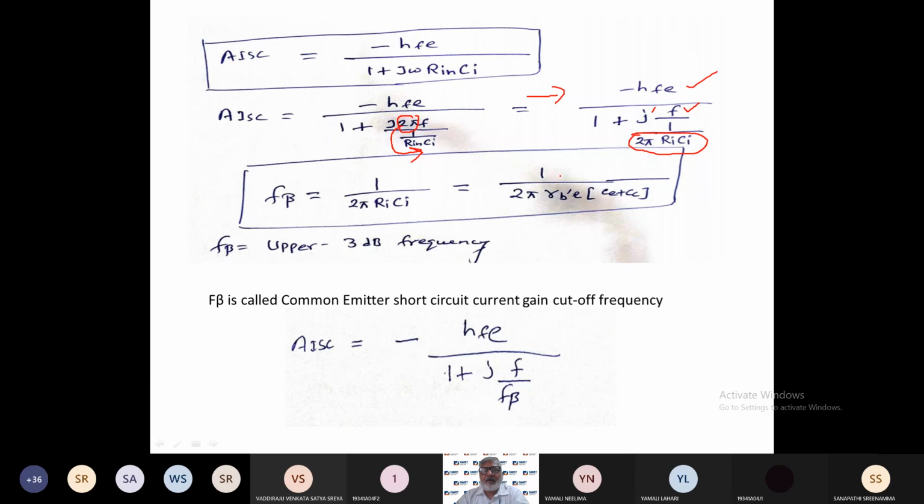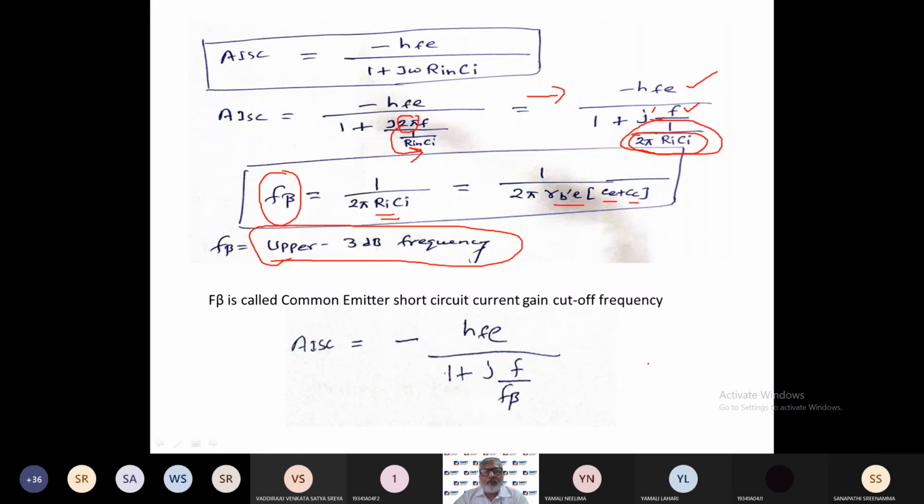So now this whole portion 1 by 2 pi ri ci is represented by f beta, and this is called the upper 3 dB frequency. F beta is the upper 3 dB frequency, and its expression is 1 by 2 pi ri ci, where ri is r b'e and ci is Ce plus Cc, the internal capacitances formed between base and emitter and between base and collector.